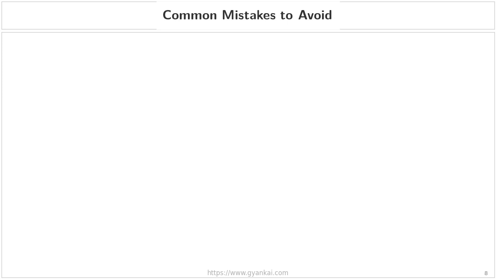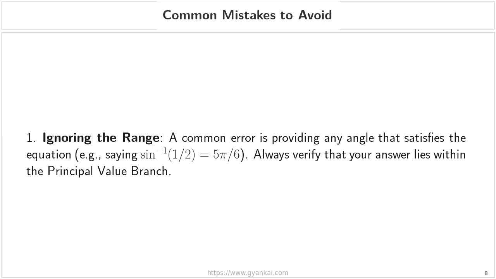Common mistakes to avoid. Now that we have walked through the step-by-step process and seen several examples, let us discuss some common pitfalls to ensure you avoid these mistakes in your exams. First, let's address the issue of ignoring the range. A very common error is providing any angle that satisfies the trigonometric equation without checking the restriction.